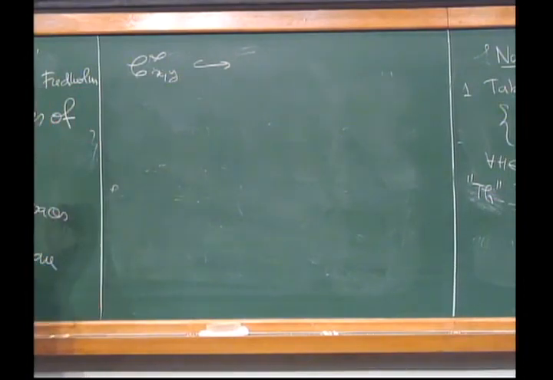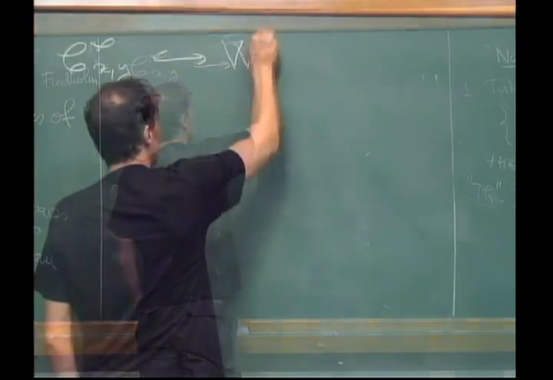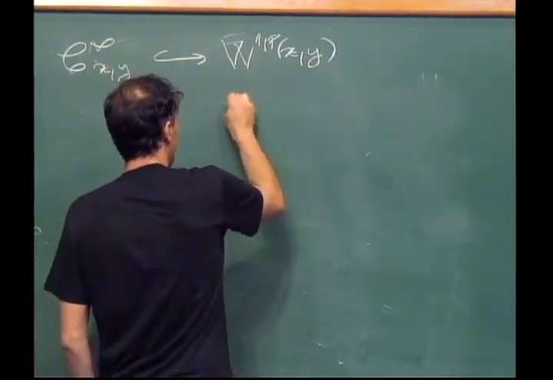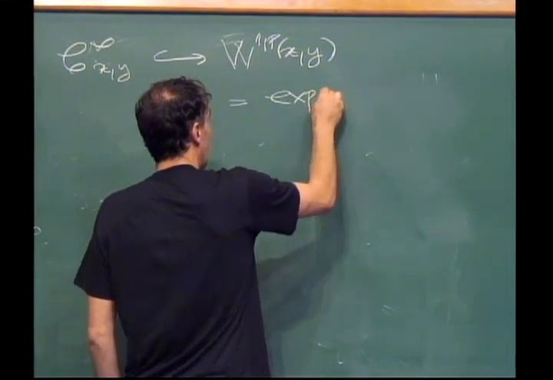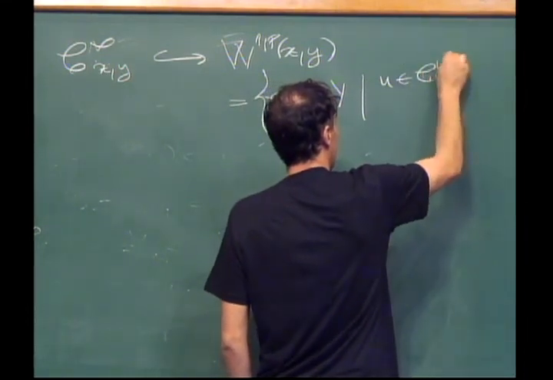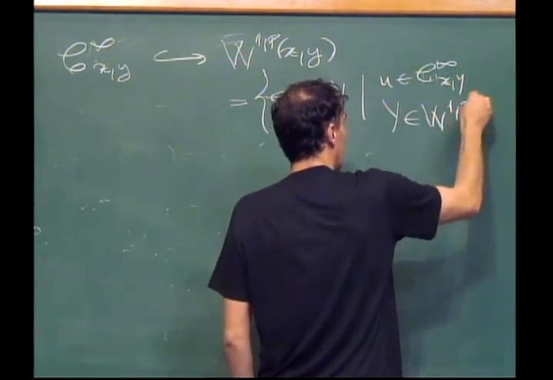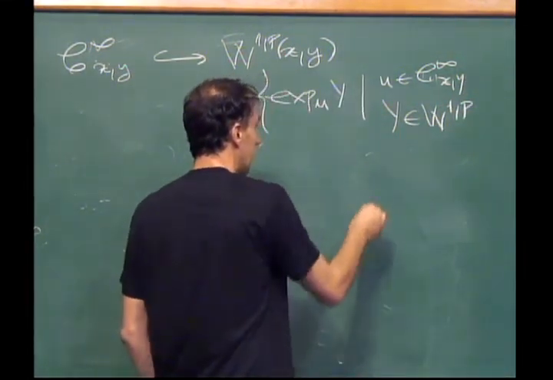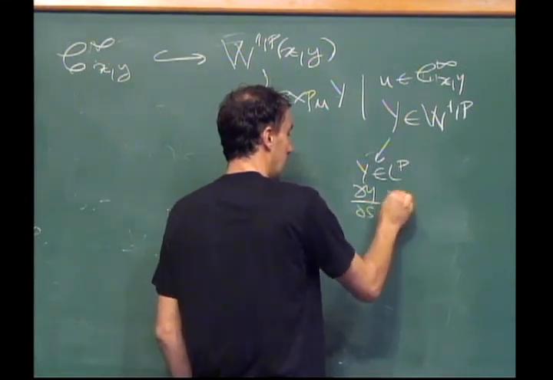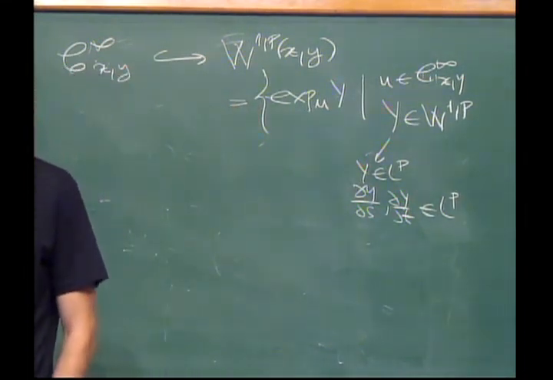The space C infinity xy, we will modify it by taking a Sobolev type space xy, which is formed by the exponential uy, where u is in C infinity xy, and y is a Sobolev vector field, meaning that y is in LP, and dy/ds, dy/dt are in LP as distributions.